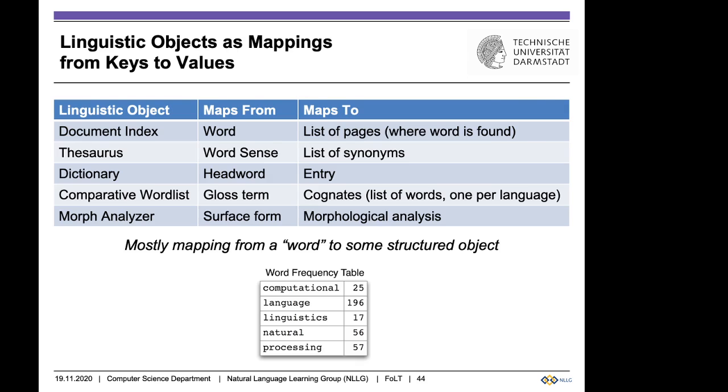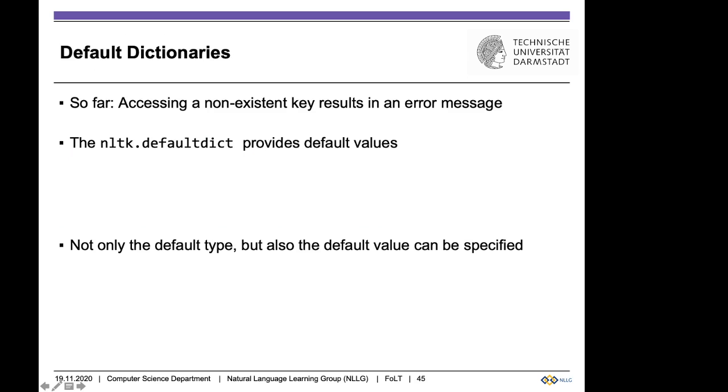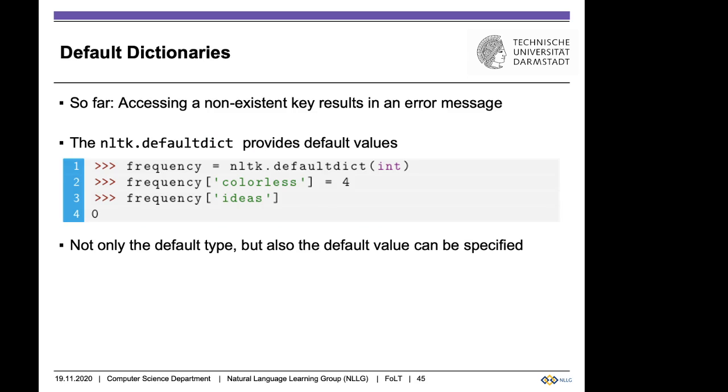Now let's see some other operations that we can use for creating dictionaries. For example, we want to use dictionaries to build word frequency tables where some words probably have 0 frequencies. To do so, we can take advantage of default dictionaries, assigning a default value of 0 frequency to every single word.